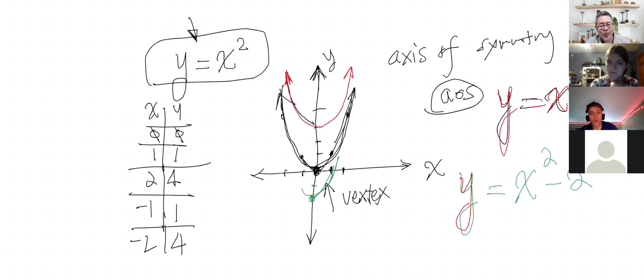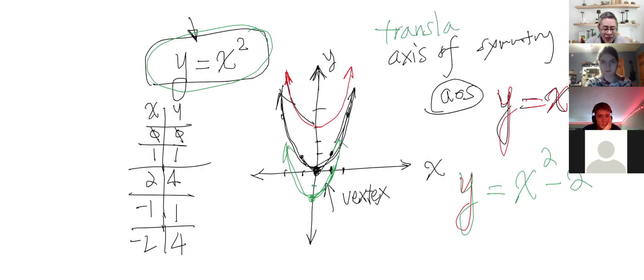As you can see, by adding a constant to the prototype function, we can either shift it up or shift it down. This in geometry is called translation. We just move up or down. And translation also includes moving to the right or to the left.